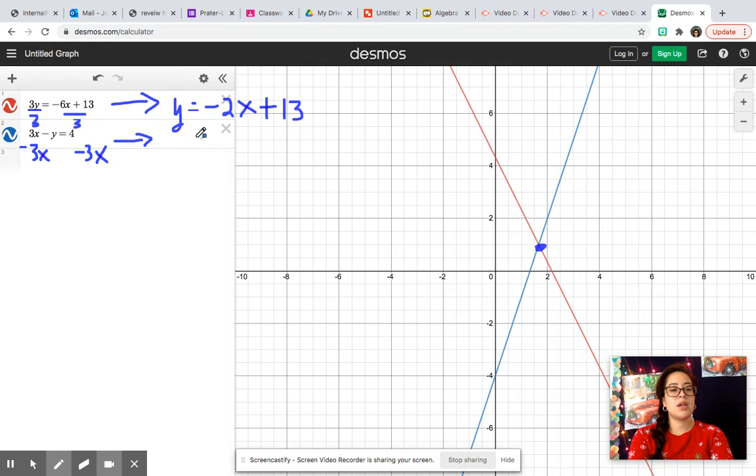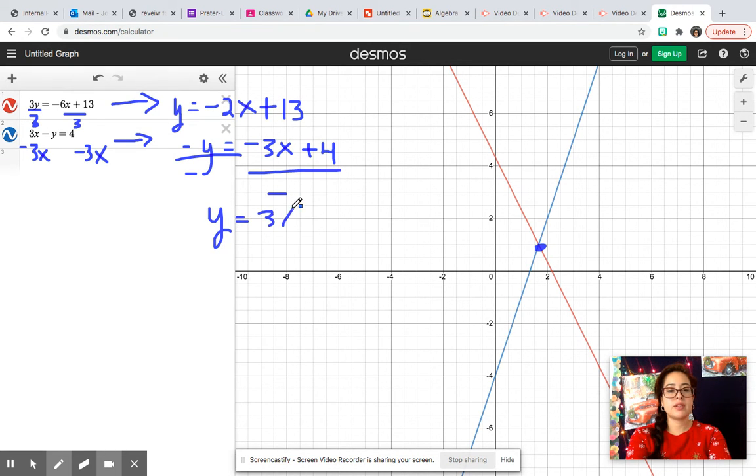So then I get negative y is equal to, I could write 4 minus 3x, but I'm just going to flip it because I want it in slope-intercept form. So I'm going to put negative 3x plus 4. And I want to get rid of this negative symbol, so I'm going to divide by the negative. And y is equal to positive 3x plus 4.